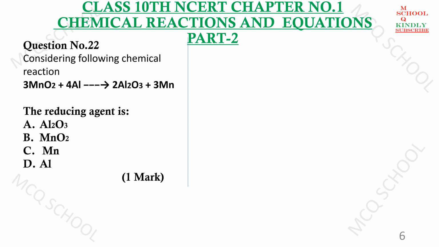Question number 22. Consider the following chemical reaction: manganese oxide reacts with aluminum to form aluminum oxide and manganese. We have to find the reducing agent: aluminum oxide, manganese, or aluminum. What is the answer as per you?